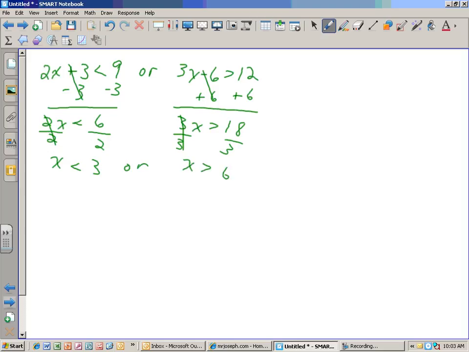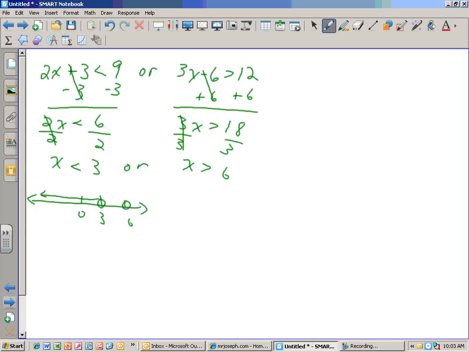Okay, so let's see what that looks like. Here's my 0. We always put the 0 there. Here's 3. Here's 6. Open circle or closed? Open on both, right? This tells me I want all values less than 3, and I can put an arrow here.